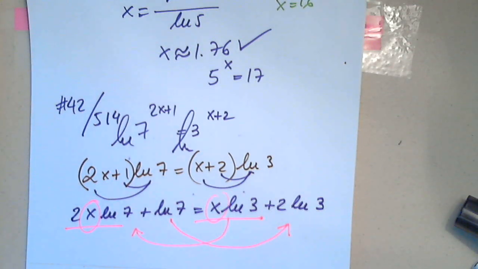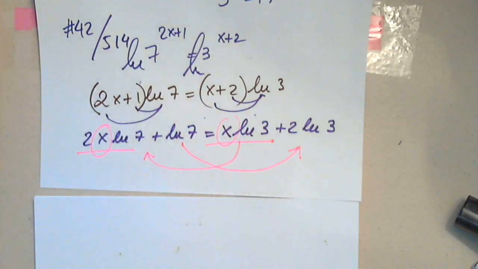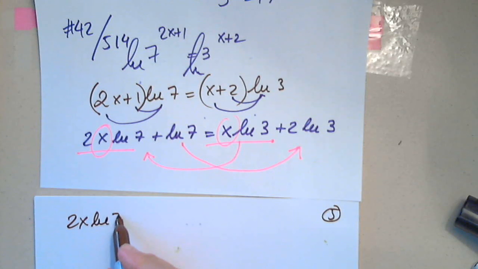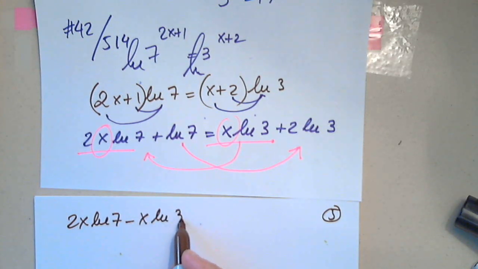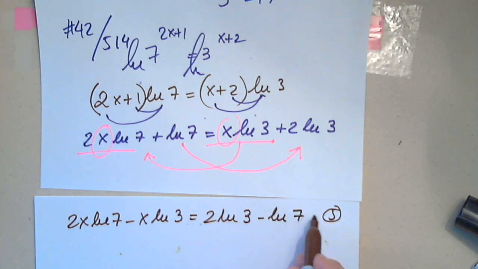In the next step, I would write 2x natural log 7 minus x natural log 3 equals 2 natural log 3 minus natural log 7.